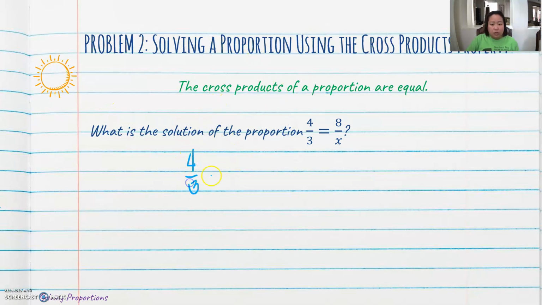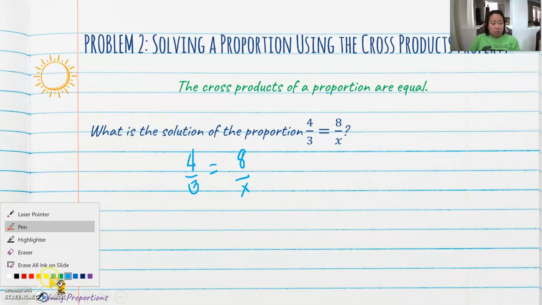4 over 3 is equal to 8 over x. The cross product we are talking about is the product of a numerator and a denominator, and they have to be from different ratios.